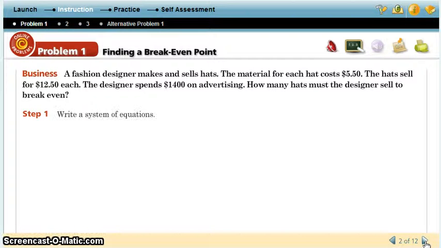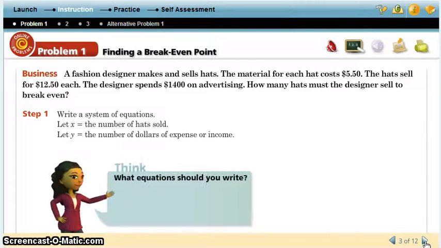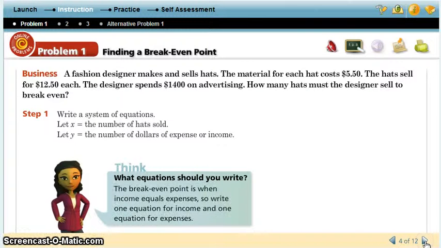Step 1. Write a system of equations. Let x equal the number of hats sold. Let y equal the number of dollars of expense or income. What equations should you write? The break-even point is when income equals expenses.